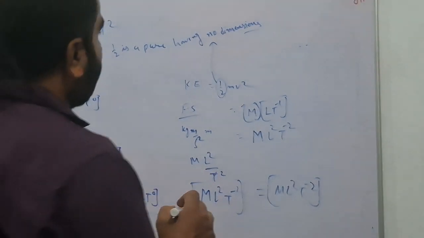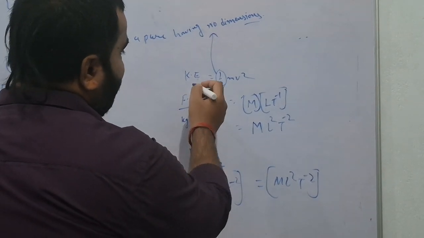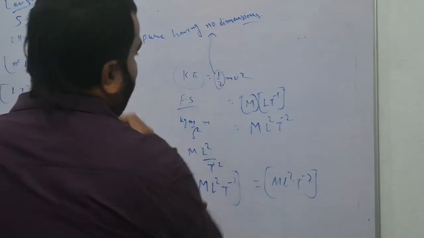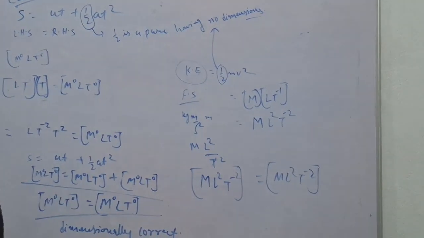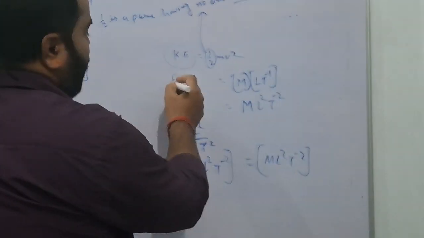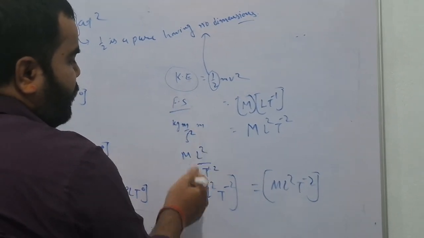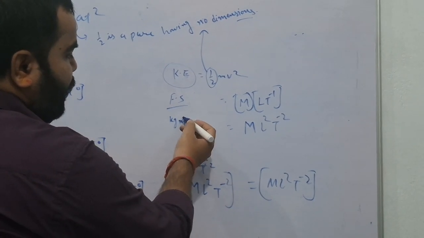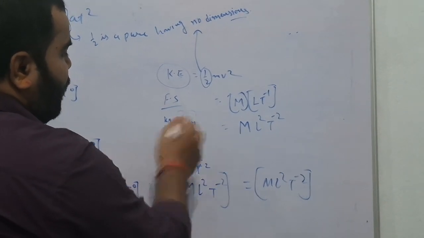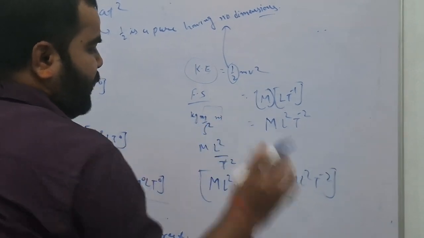There would be no P. We know that kinetic energy means work done. So work done, we know W is equal to F into S. So we just have to find these dimensions. There are two lengths, M into L, and S is also a kind of length, and kg meter per second square.